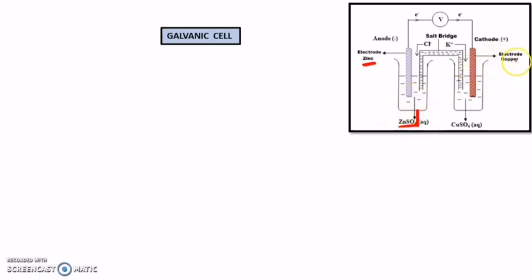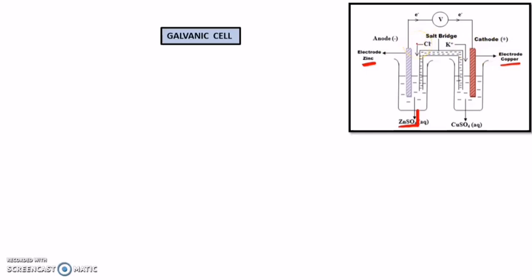Same as this electrode, if I use a copper electrode, the electrolyte used must contain copper ion. And this is the illustration for the galvanic cell. We have a salt bridge to complete the circuit or to connect both electrolytes. We have a voltmeter. The anode is the negative terminal while the cathode is the positive terminal.